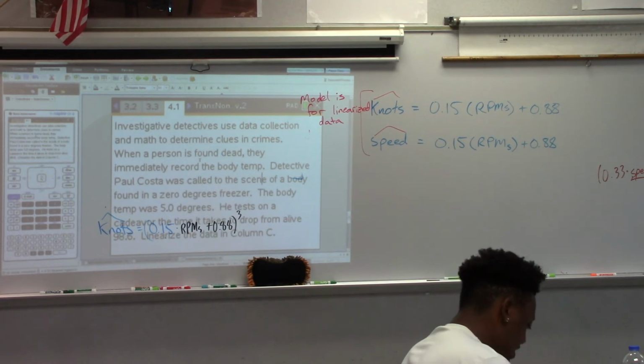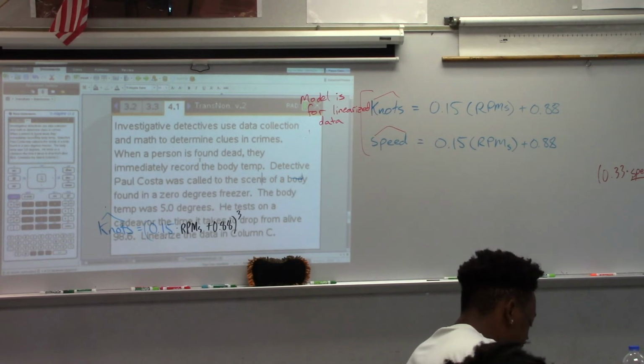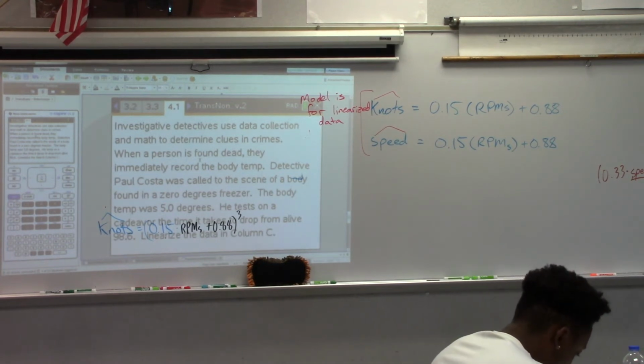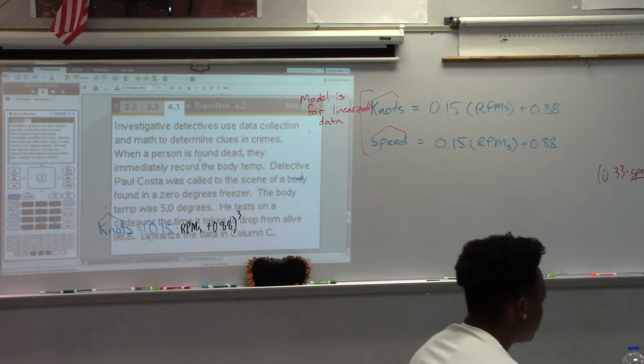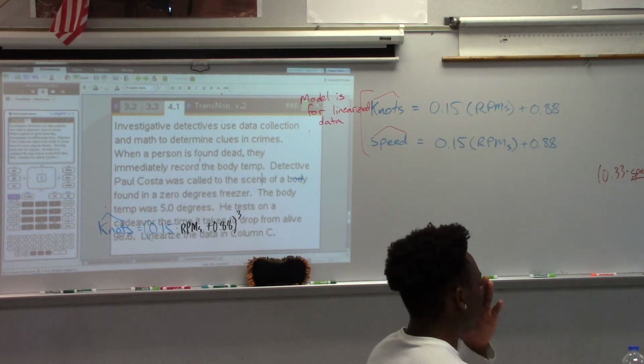The time it takes to drop from alive, 98.6, which is all in one. Linear, yeah, so pretty much. And like another sentence, the body temp was 5.0 degrees. That's when it was found. Exactly, so he can determine how long it's been dead by it dropping from our regular body temperature to whatever it is when he finds it.